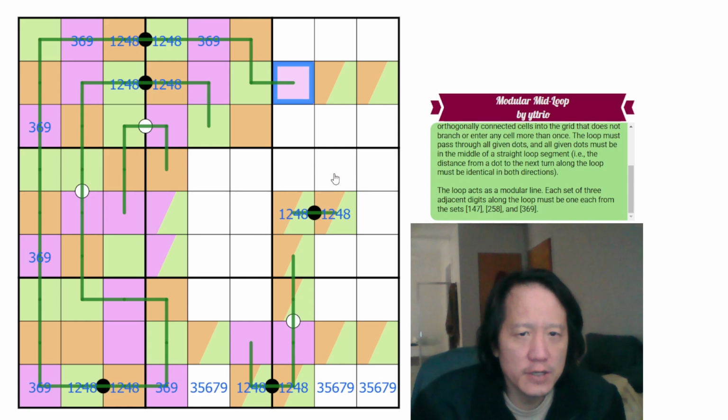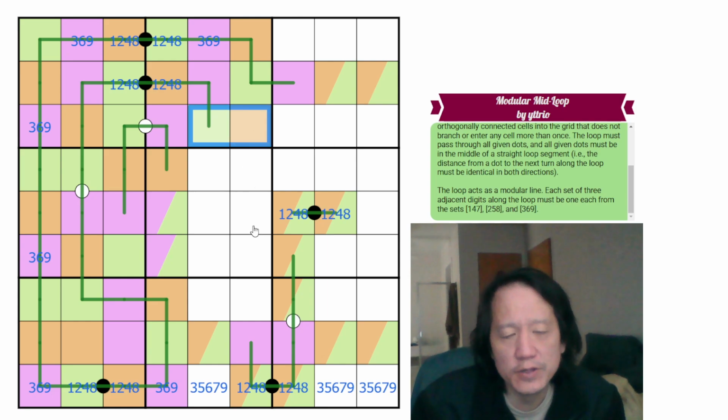It has to be next to an orange then, next. This is green, so it could go that way.